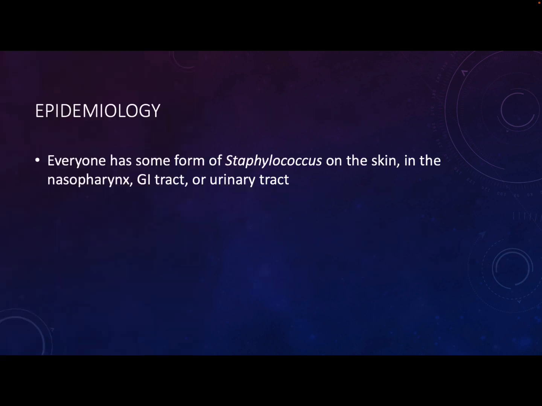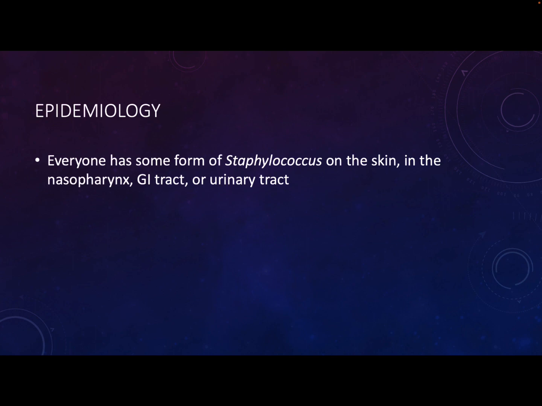In terms of epidemiology, staph infections might be one of the most common bacterial infections that you will see. In a clinical setting, you'll see staph infections mostly as a skin infection, like boils and abscesses. But staph is associated with the nasopharynx.